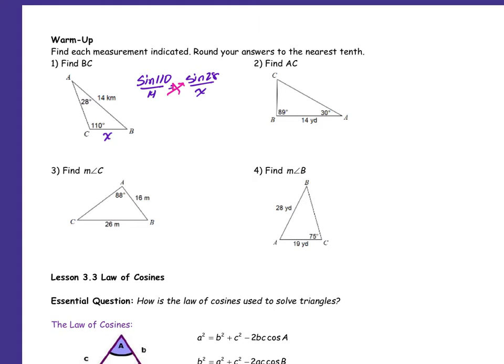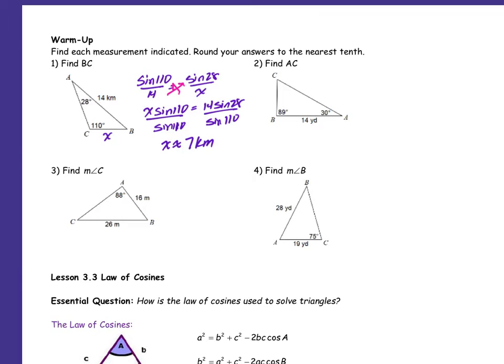Cross multiply, and I get x sine of 110 equals 14 sine of 28, and then divide by sine of 110, and put that in my calculator, and x is approximately equal to 7 kilometers.